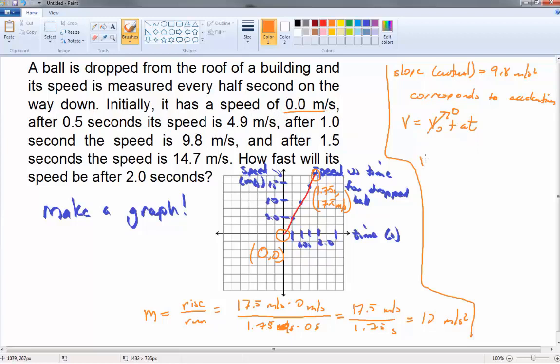So v is equal to a times t, that's 9.8 meters per second squared, times the time, which is 2.0 seconds. If you multiply those together, you get v equals 19.6 meters per second. If you tried to predict that from the line that I drew, you'd end up with 20 meters per second. That's not too horribly far off.